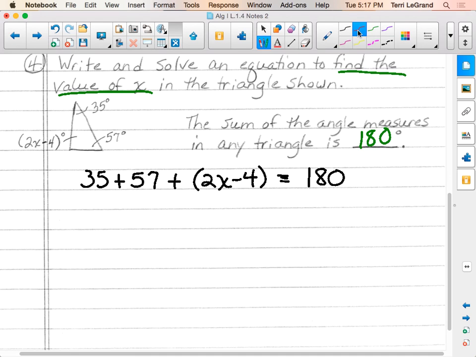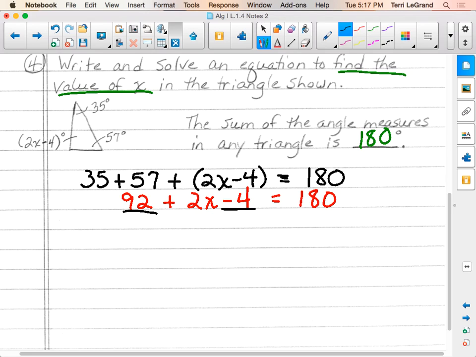We're going to add 35 and 57 together, first of all, and that will give us 92. And then we're just going to ditch those parentheses. So we're simplifying. But we're not done simplifying because we have some like terms. This 92, that constant, and subtract 4, the other constant, are on the same side.